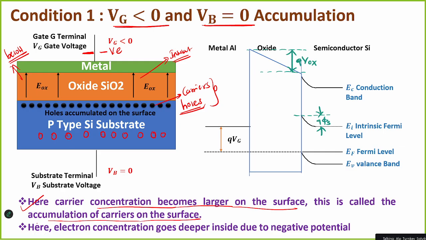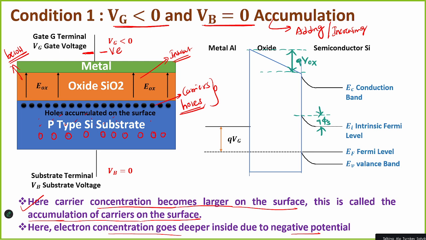Accumulation means adding, or we can call it increasing. So here the electron concentration will go deeper inside due to negative potential. What are the minority carriers in the p-type substrate? Electrons.